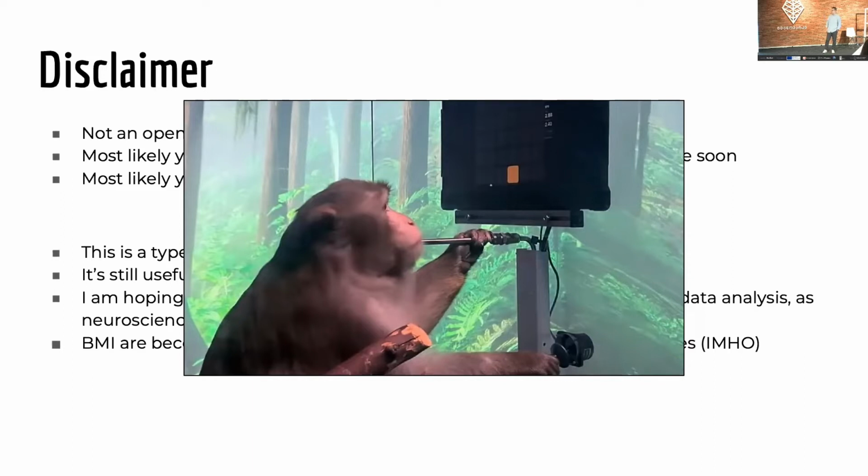I think this is a huge advancement, but not in terms of the kind of task that the monkey is able to do, because neuroscientists were able to do this kind of thing for decades, but with the engineering aspect of it. Elon Musk and his company were able to pack everything very densely within a very tiny electrode. This is where the really cool advancement of this technology is.